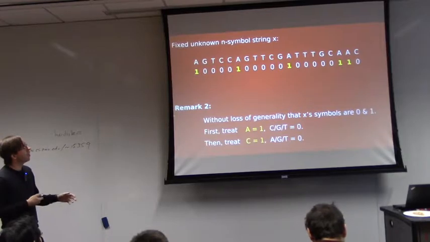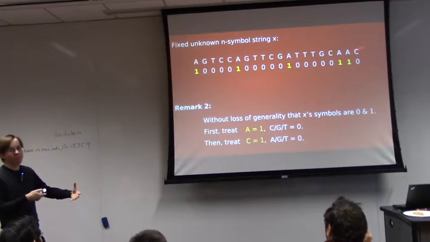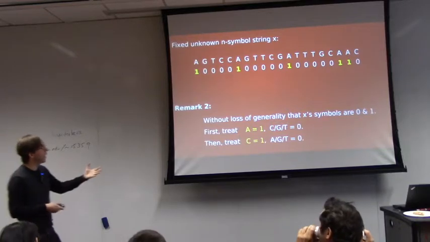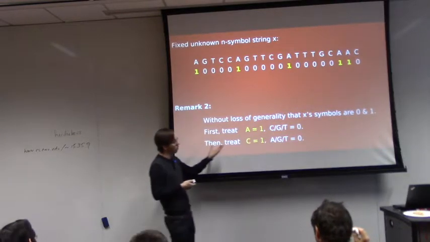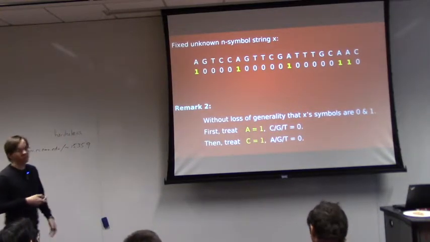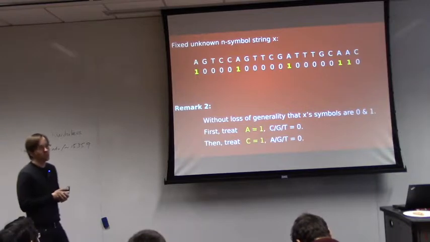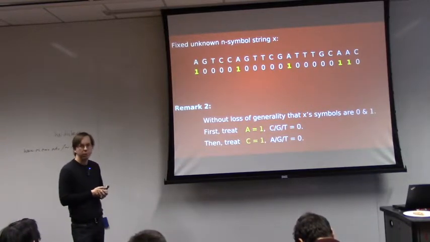And if you solve the trace reconstruction problem, then you've exactly learned where the A's are in the string. Then you can just do it again, treating C as 1, then G as 1, and then T as 1. You solve the problem 4 times, and you learn the position of all the letters. So we can restrict attention to 0, 1 strings and solve the general alphabet problem too.